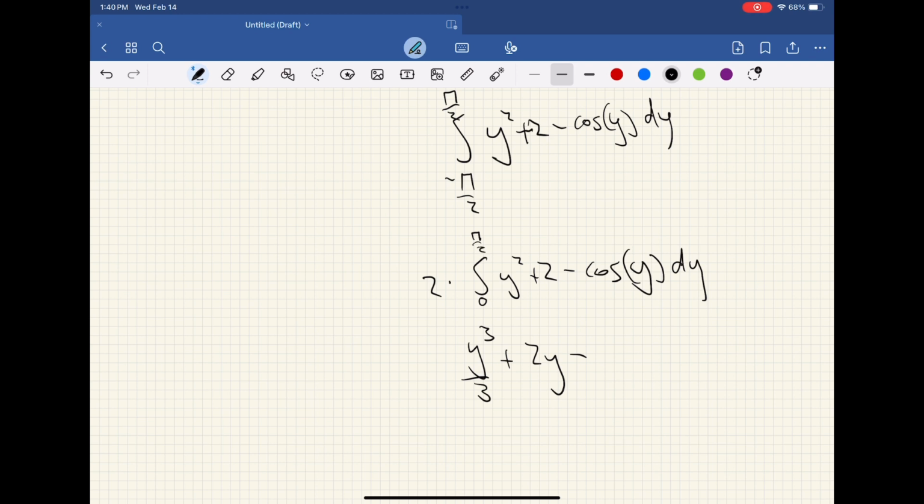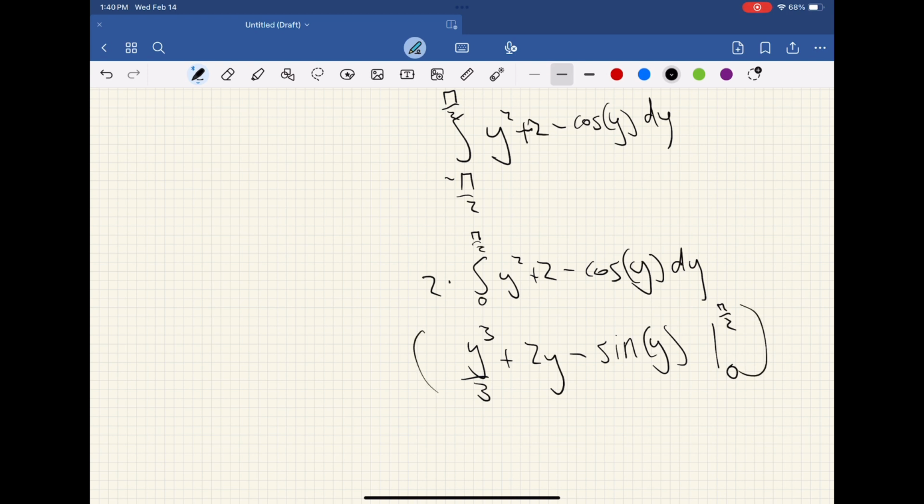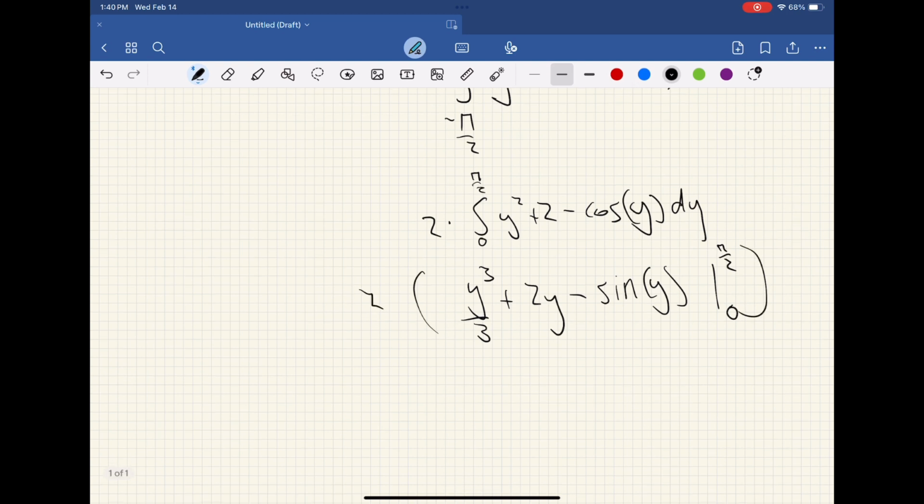So that means that the integral of cosine is sine. So we're going to say minus sine y. And we're going to be taking that from 0 to pi over 2. And we've been multiplying that by 2.